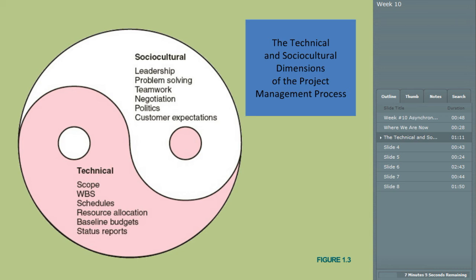So now we're moving back into the socio-cultural aspects and looking at leadership, looking at problem solving, looking at teamwork, looking at the art of negotiations, corporate politics, customer expectations, and a few other subjects that really fit into this area we like to call sociocultural.